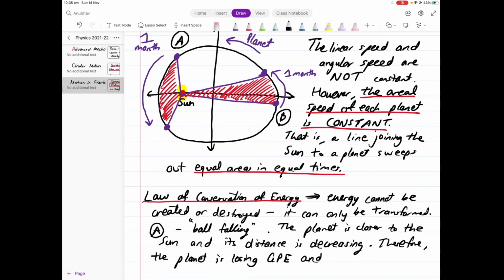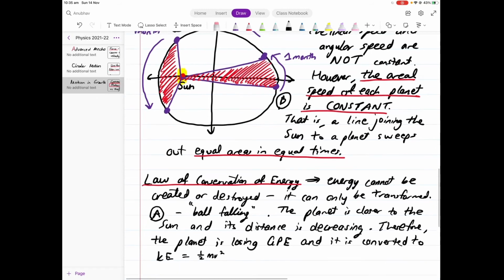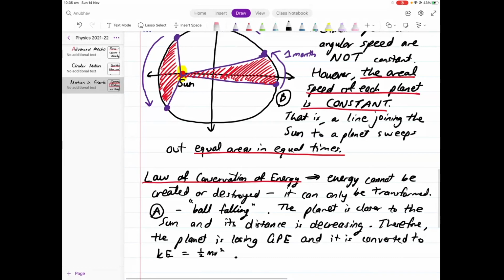And instead of energy being lost, it can't be created or destroyed. It is converted to kinetic energy, which you remember is half mv squared. And so what this tells us is, at A, the planet is moving faster, and so it can cover a greater circumference.